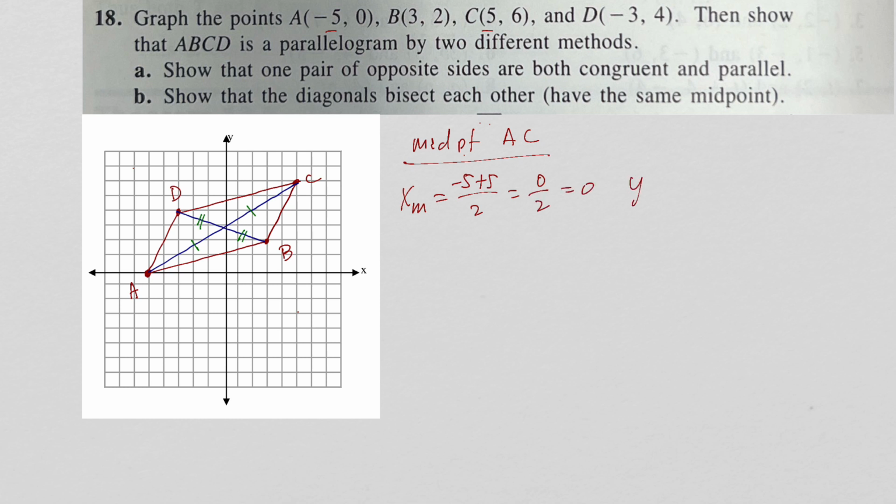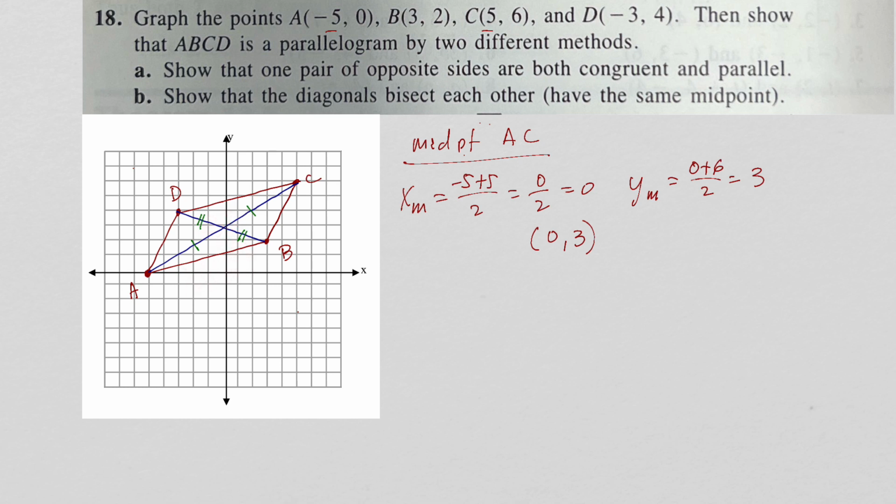And the y value of the midpoint is 0 plus 6 over 2, which is 3. So the midpoint of this is 0, 3. And it didn't do a very good job because this graph paper screwed up, but that's the point right there.